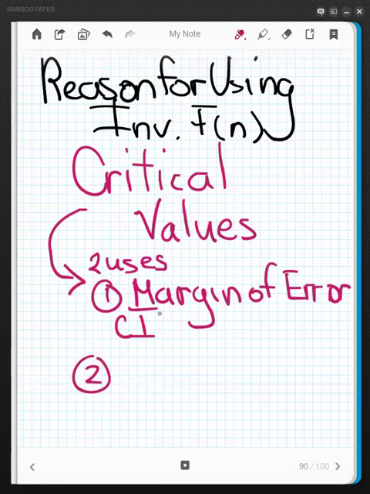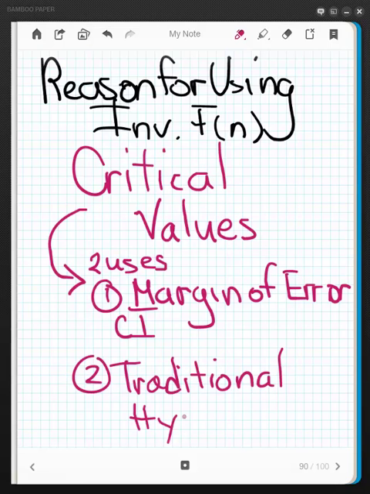And the second reason we use them is a traditional hypothesis test. There is a link between confidence intervals and hypothesis tests, and we see that link when we study how to do a hypothesis test using a confidence interval. So those are the reasons that we need to know those.